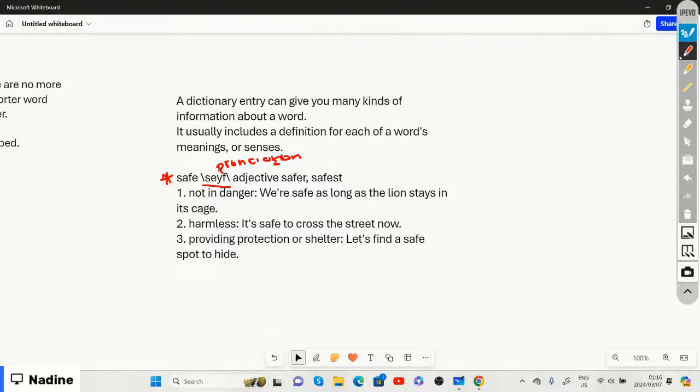For example, number one, so safe. So the word is safe. Number one says not in danger. The first meaning of that specific word means that she's not in danger or he's not in danger. We are safe as long as the lion stays in the cage.